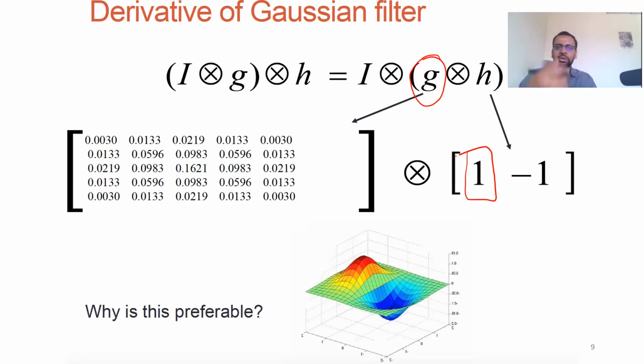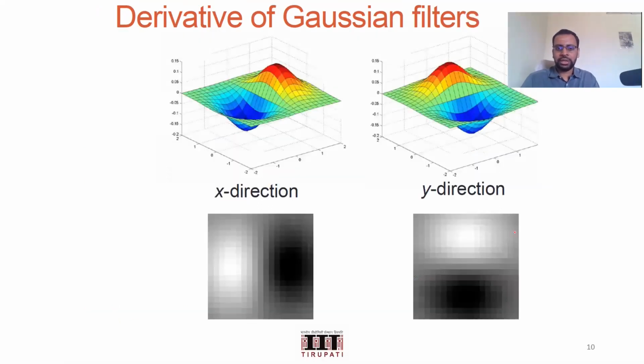You do that, and you will get a kernel similar to this. One for the x direction will be like this, and for the y direction like this. And if you plot the second order derivative, you will get a nice mesh plot of an inverted Mexican hat. That is all. This is just a continuation and extension of that, to see how they look.